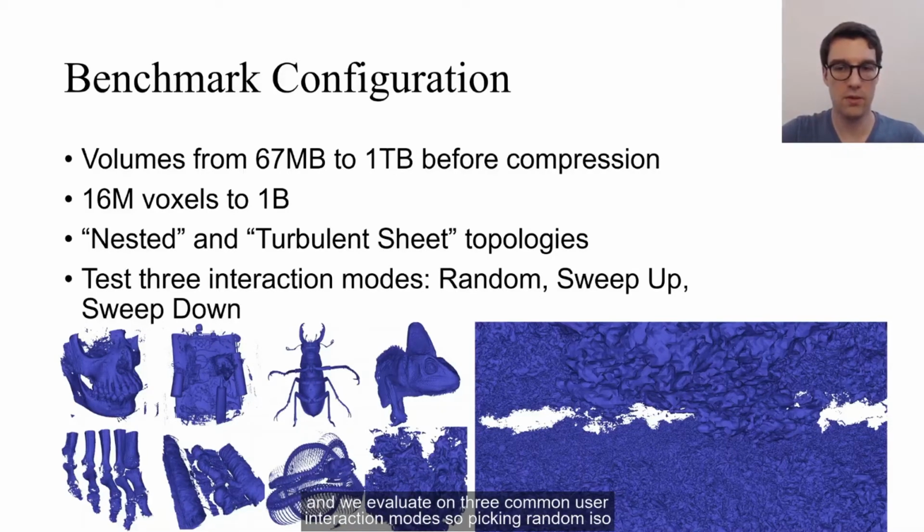And we evaluate on 3 common user interaction modes, so picking random ISO values to kind of find what's interesting, sweeping the ISO value up or down to explore neighboring ISO values.